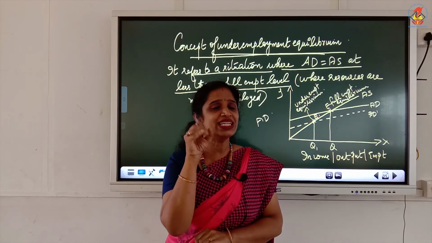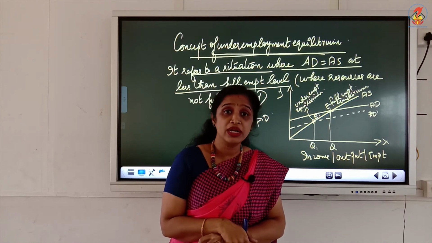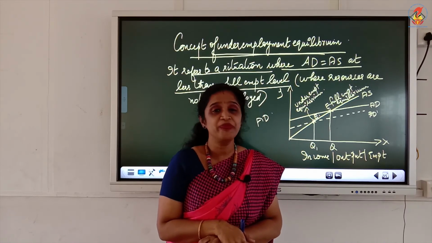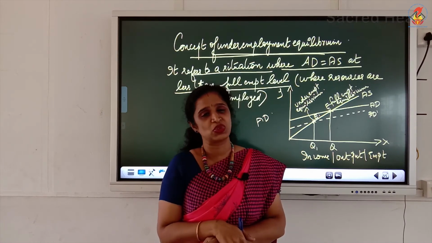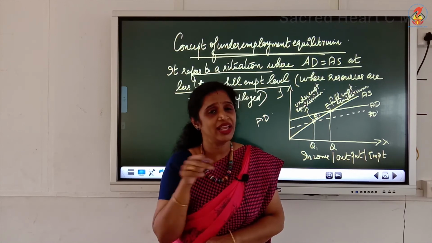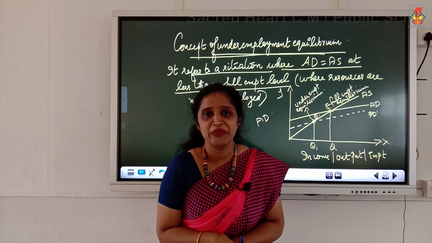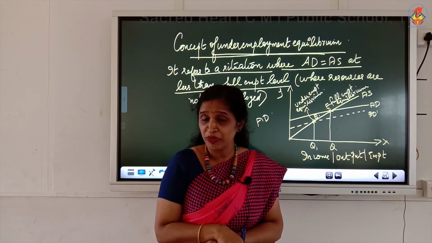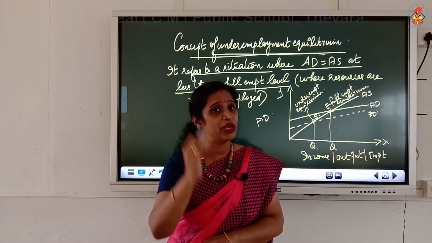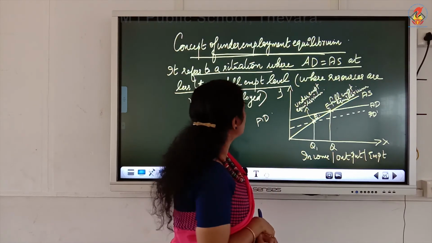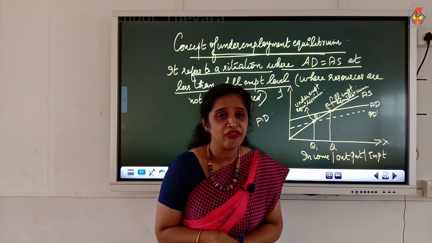From the word itself it is clear: underemployment equilibrium. What is underemployment? A situation where resources are not fully utilized, some wastages of resources are there. But still, even in that situation, the economy will try to reach the equilibrium stage where AD is equal to AS. So, that equilibrium state which can happen below the full employment level is known as underemployment equilibrium. That means less than full employment level.